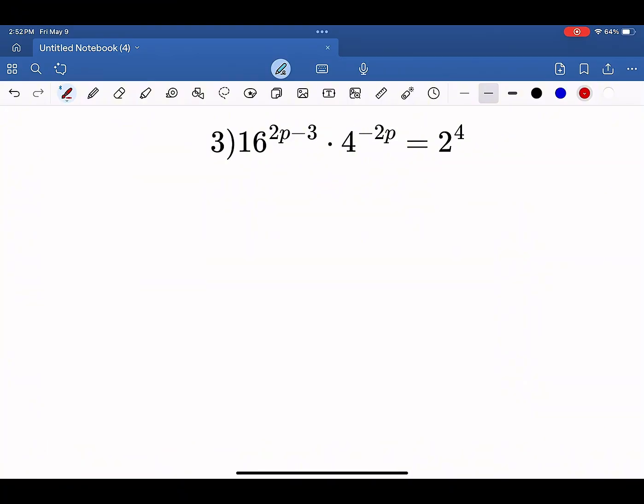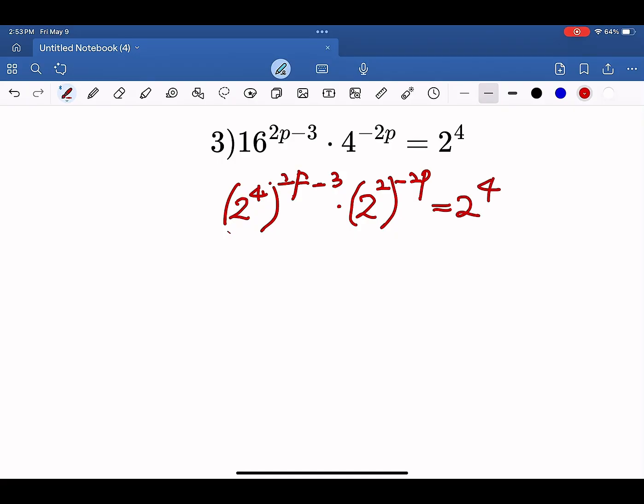We have base 16, 4, 2. These numbers are powers of 2. So we're going to change everything to base 2. 16, we know, is 2 to the fourth power. And 2p minus 3. 4 is 2 squared, to the negative 2p power, equals 2 to the fourth power.